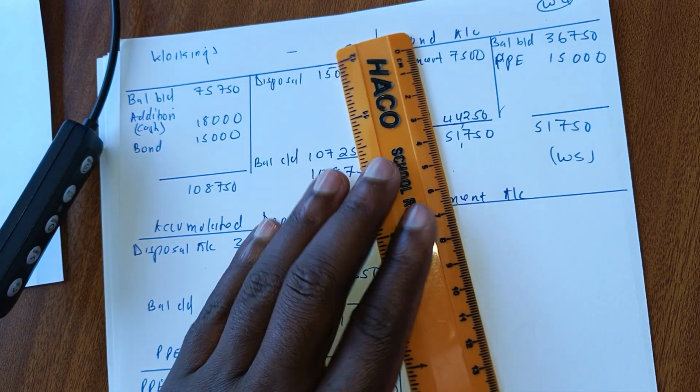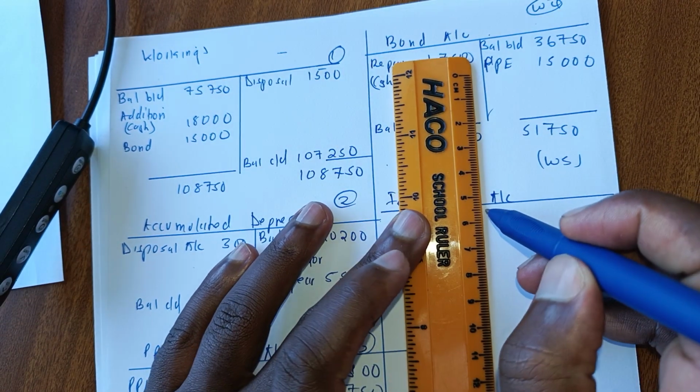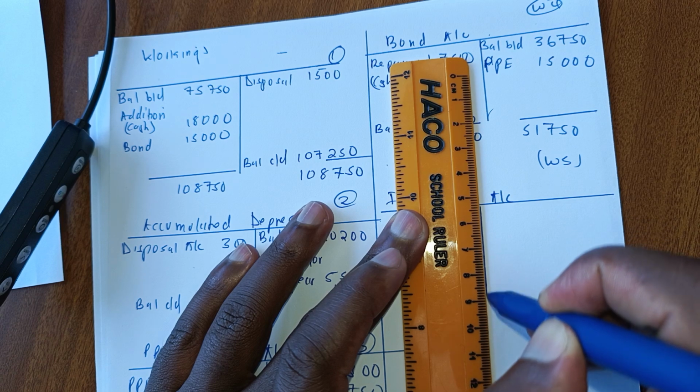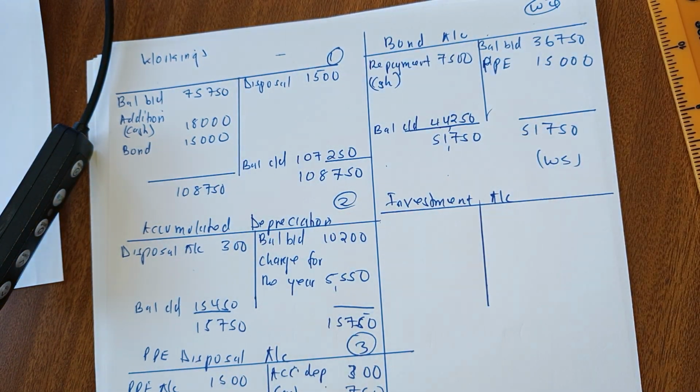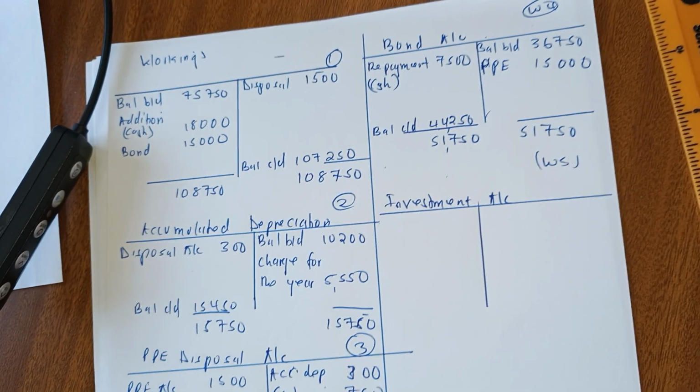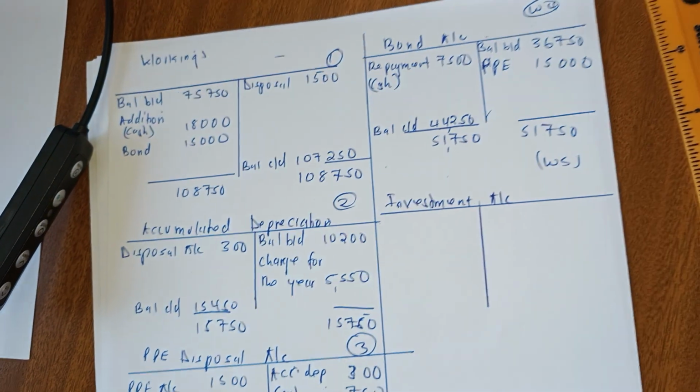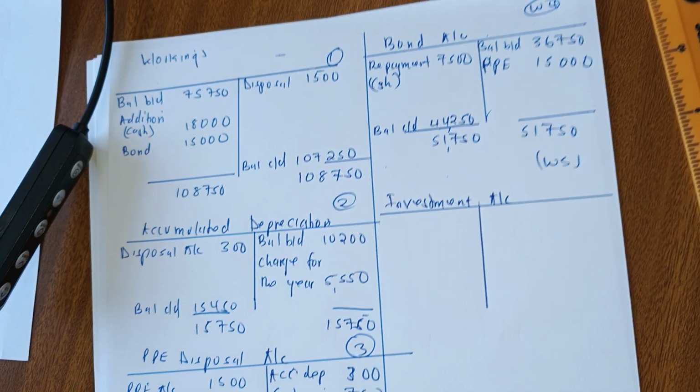Because it's an asset, assets have a debit balance brought down and a credit balance carried down.